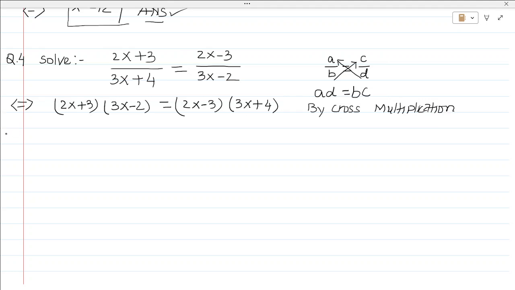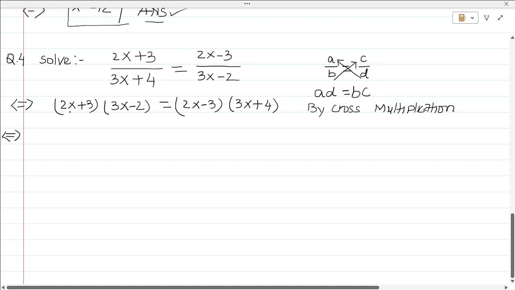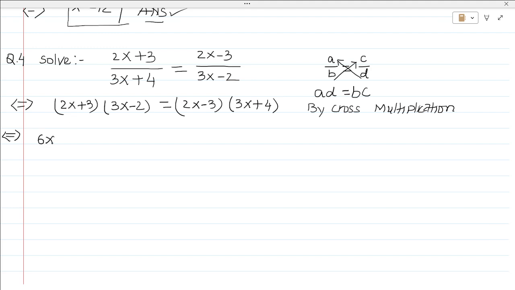Now open the brackets and multiply the terms. So first into first, 6x square. Last into last, minus 6. Now what are we left with?